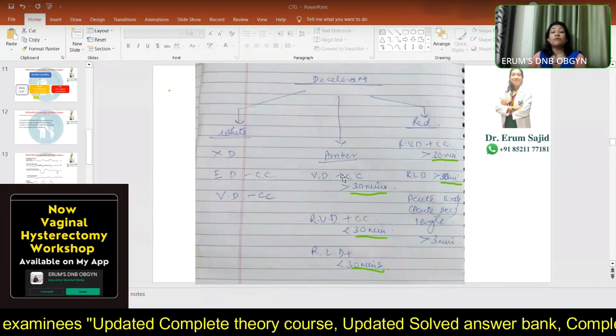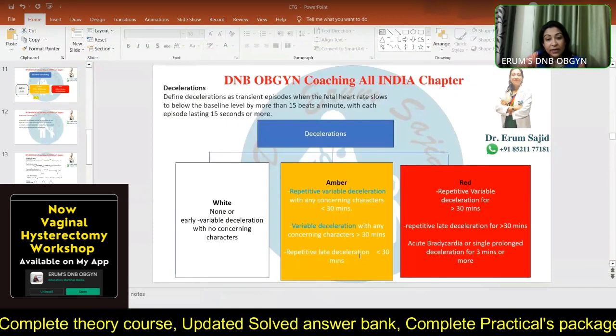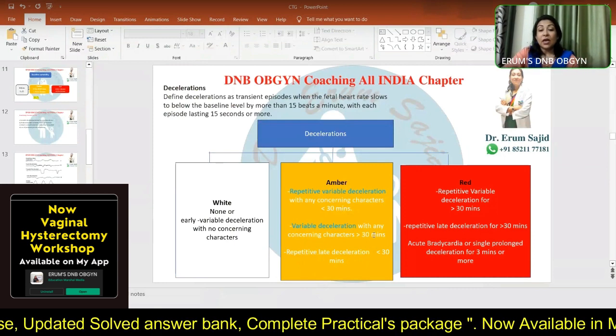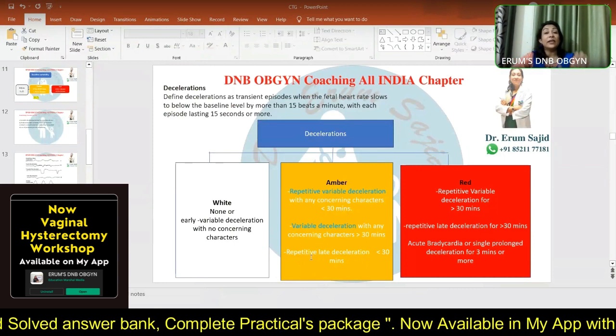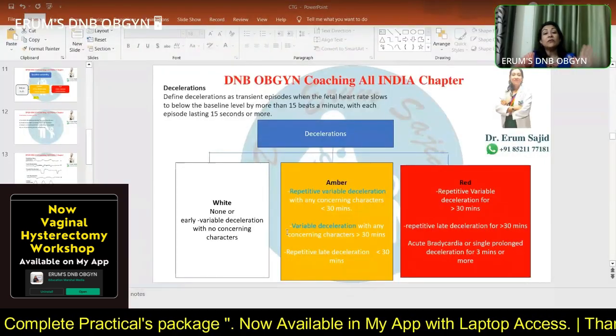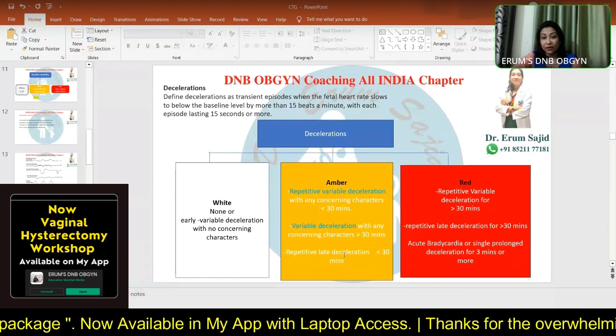Right? Now, wait, let me just check this once more. Repeated late decelerations. Okay, guys, I'm sorry, this thing has to be corrected. They have spoken about repetitive late decelerations, but they've not spoken about late decelerations per se, and there is no mention of concerning characteristics.